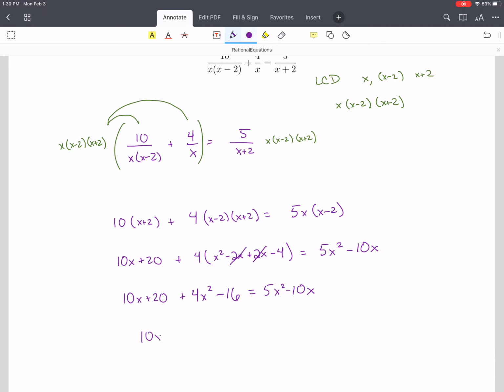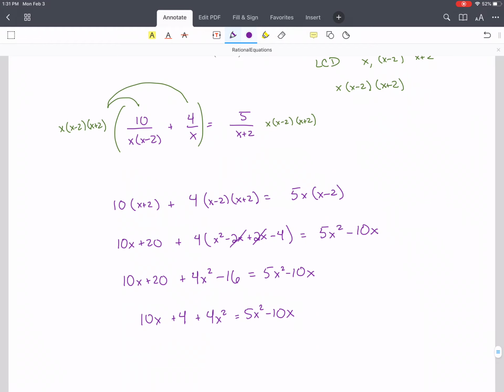So I have 10x plus 4 plus 4x squared. If I subtract 4x squared from both sides, I'm left with x squared on the right minus 10x.